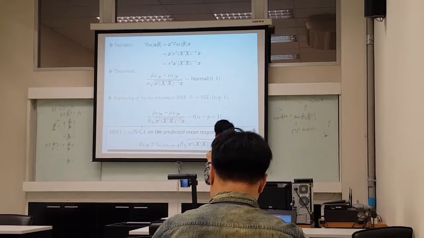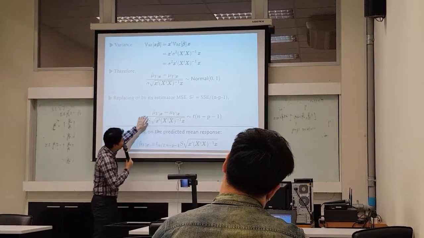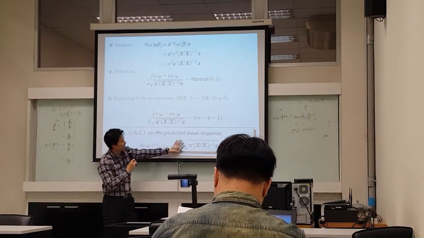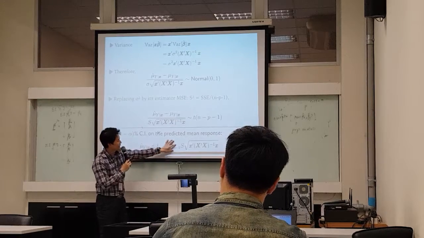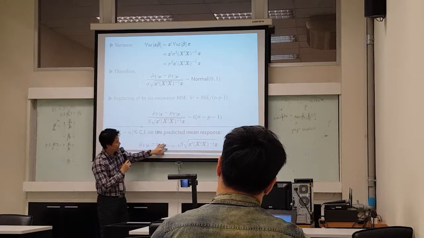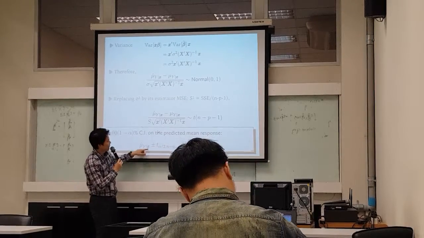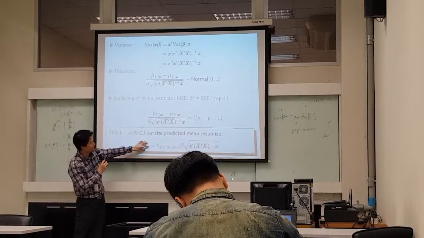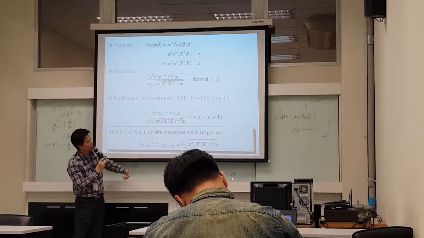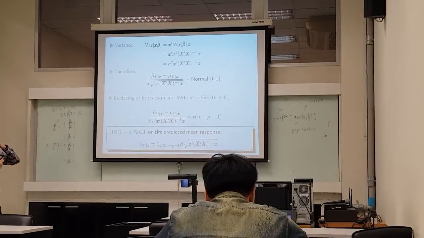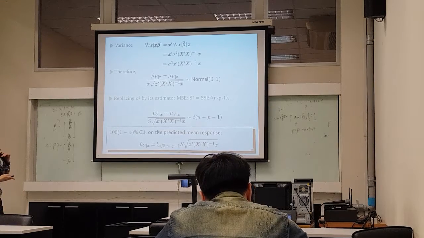You can think of this whole term as one standard deviation, multiplied by some scale value, plus or minus the predicted mean. This whole thing is your confidence interval for the predicted mean response.